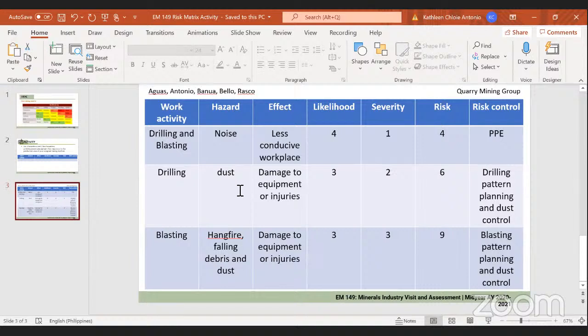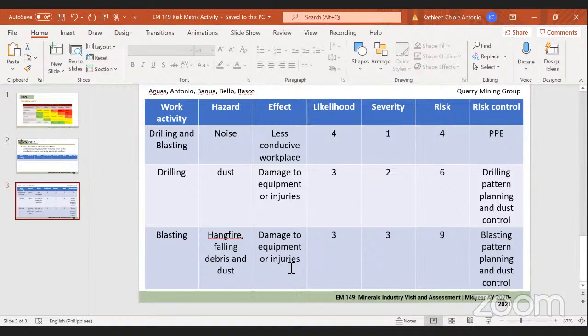So sa last one, yung work activity is blasting, and yung mga hazards niya is hang fire, falling debris, and dust. So yung effect is damage rin sa equipment, pero mas prominent dito yung injury sa workers dahil sa falling debris and dust.